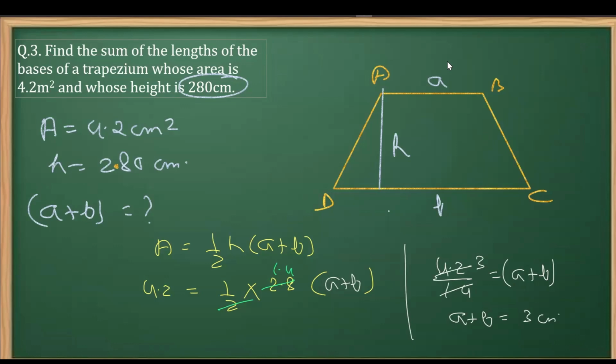Check, we have to get this sum, not their individual value. Sorry, it should be meter because we have all other units in meter. So we'll be writing this as meter, not centimeter. So we need to change it. The sum is 3 meter. Right, this would be our answer for question 3.